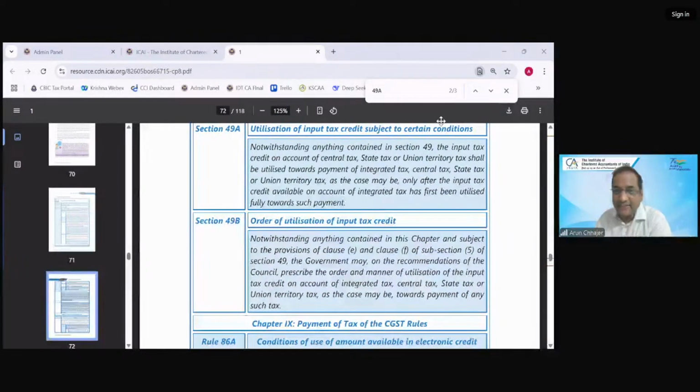Notwithstanding anything contained in section 49, by this, what happened? All the order of ITC given in 49 subsection 5 is redundant.